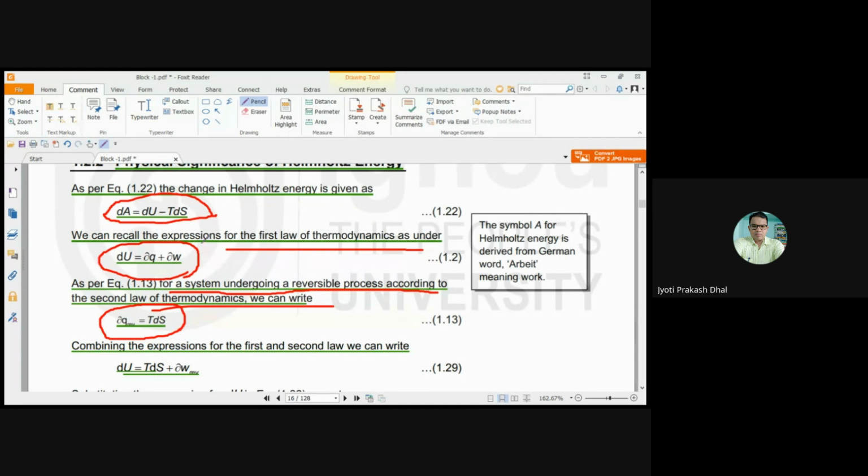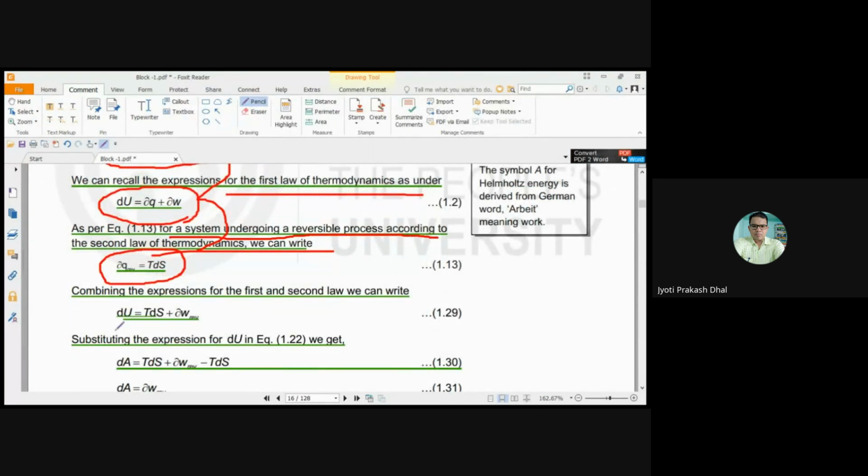So combining the above three expressions, that is the expressions of the first and second law that we have already studied, this is the combined expression of the first and second law, that is dU equals T dS plus del w, that is the reversible work.